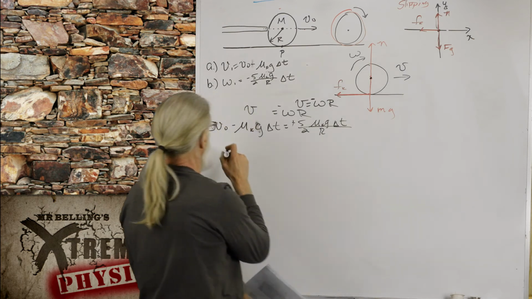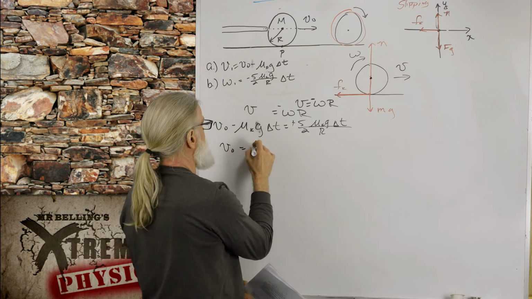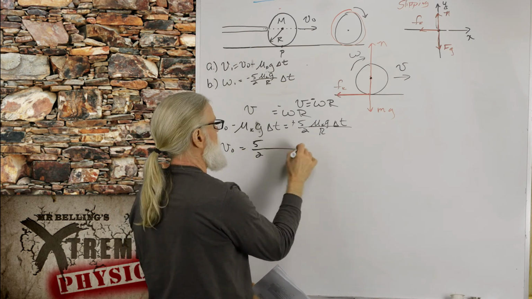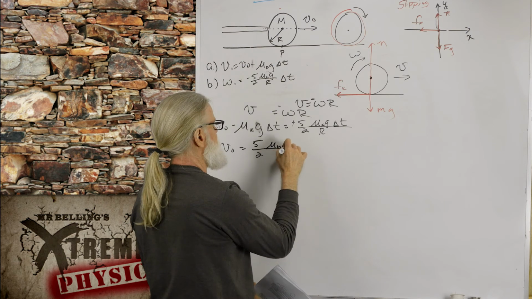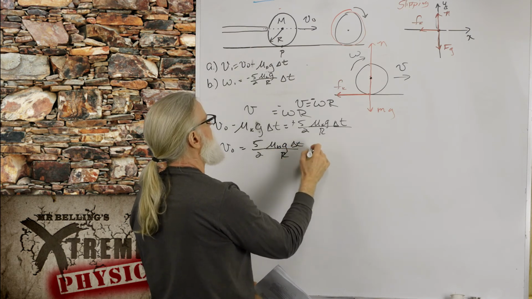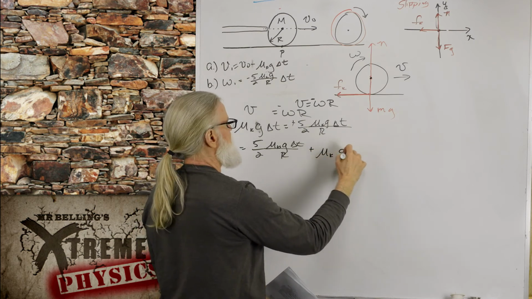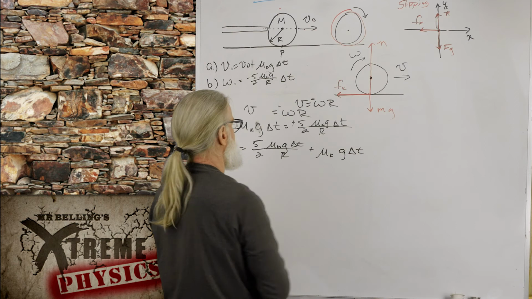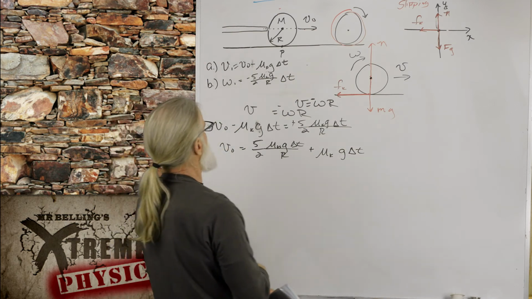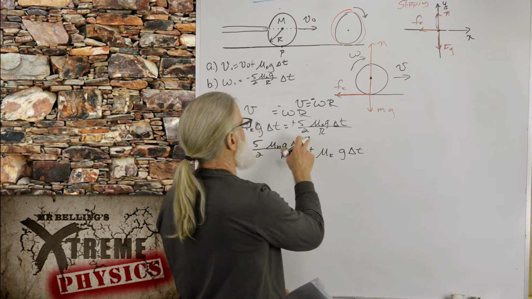And we want to just solve for T. All right. So what do we got? We got V0 equals 5 halves mu K G delta T all over R plus mu K G delta T. All right. What's up with that R? Oh, I forgot my R in here.